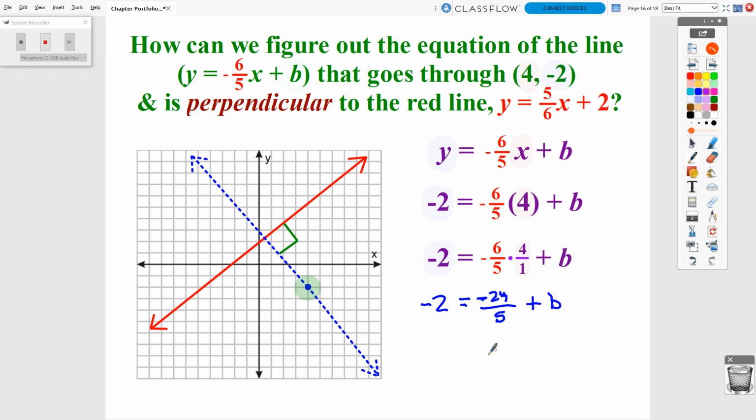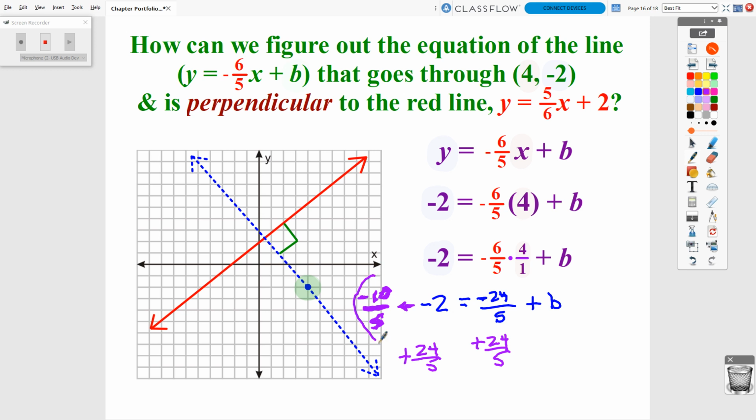So now I need to add over this 24/5 to my negative 2. And again, we're going to do some mental math here. I'm going to convert this negative 2 into a fraction of fifths. What number divided by 5 would give me negative 2 as an answer? Well, negative 10 divided by 5 would give me negative 2 as my answer, right?